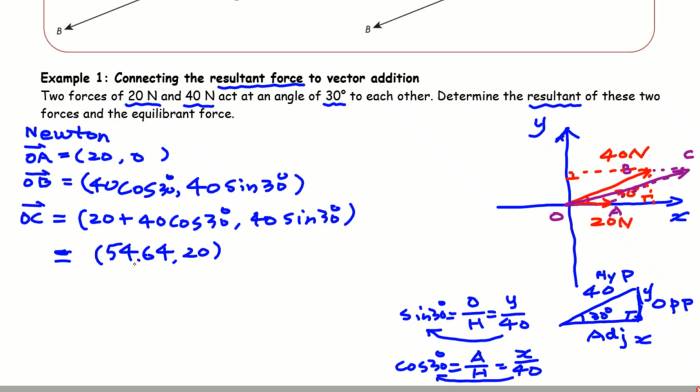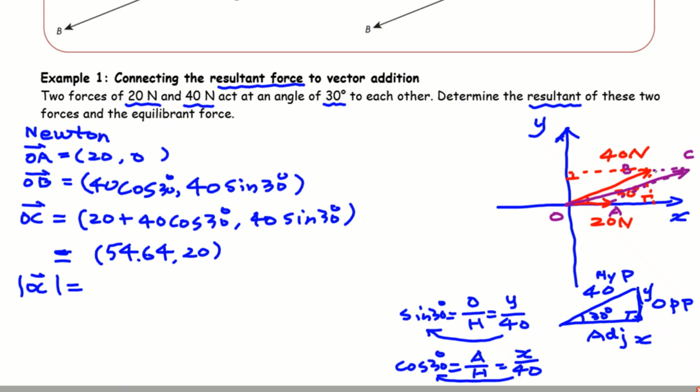This is a component vector, and if we want to find the magnitude, this is a squared plus b squared equals the hypotenuse squared.